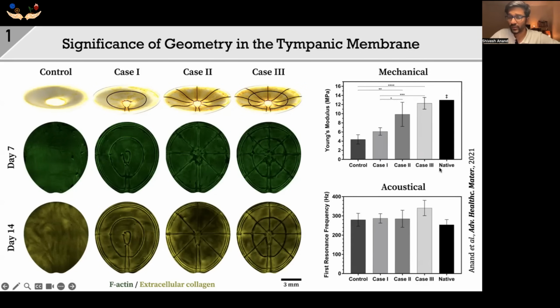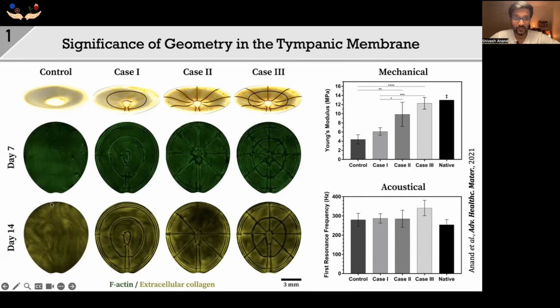In terms of the acoustical properties, we didn't see much of a difference between the different cases that we investigated, but all these tympanic membrane scaffolds remained very similar to the properties measured for the native tissue. Finally, the biological characterizations were performed using human mesenchymal stromal cells, where we saw that by day 7, all the scaffolds were completely covered by the cells.